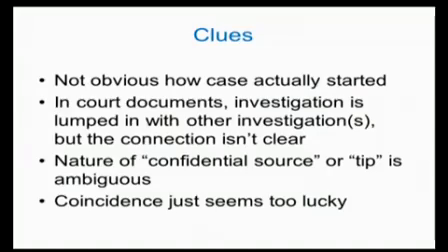Another clue, and we've seen this in at least one place: an indictment lists a bunch of defendants and talks about all the offenses with which they're being charged, and somebody is lumped in with those other people, but the connection between them is not actually clear. No one explains whether they were in telephone communication with somebody, or why this person is being lumped in with the others.